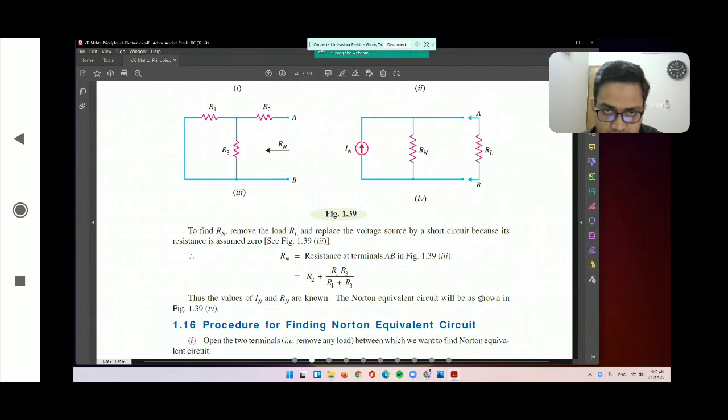By the way, did we discuss Kirchhoff's voltage law and current law? Do you remember? Kirchhoff's voltage law and Kirchhoff's current law, because it will be needed.